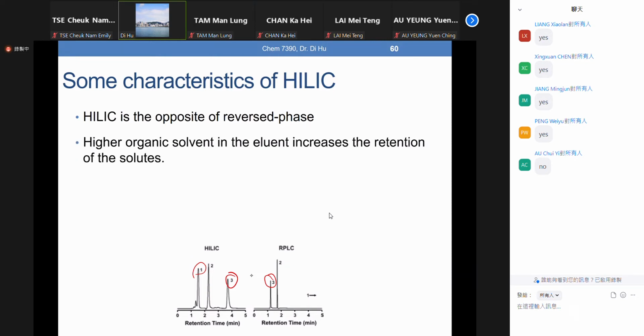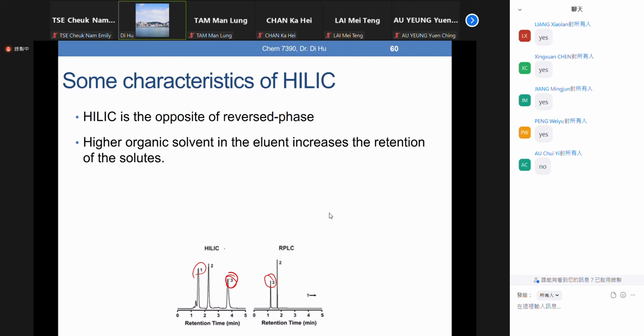And the higher organic solvent in the eluent can increase the retention of the solute, right? Because for a polar compound here, if you want to wash the polar compound out, you want the mobile phase to be polar.